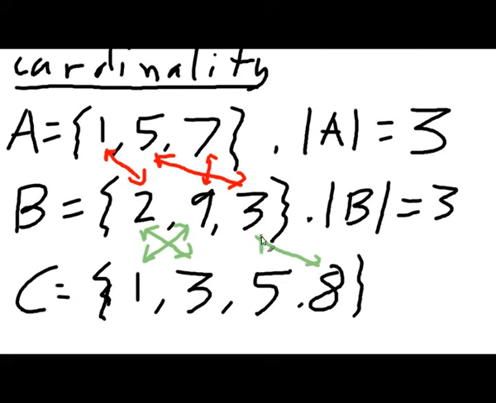But since C has 4 elements, we cannot pair all the elements of C with the elements of B, so something will be left out in the set C, right? So this tells us that the cardinality of B is not same as the cardinality of C.